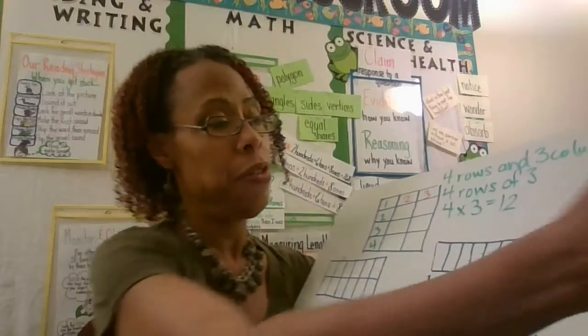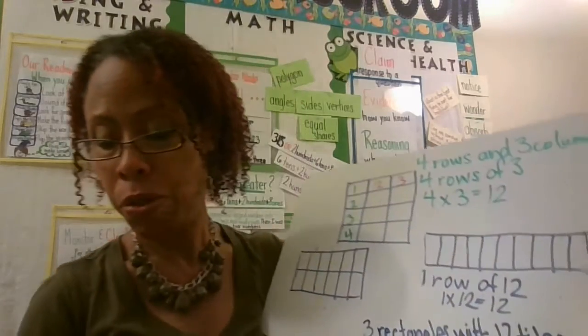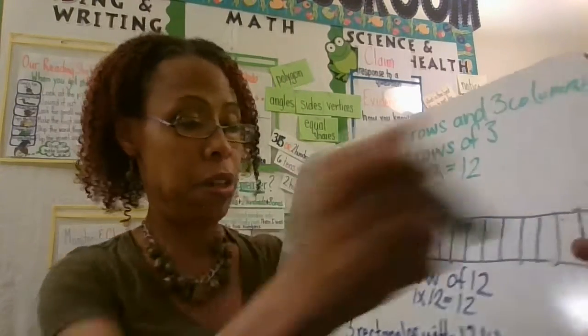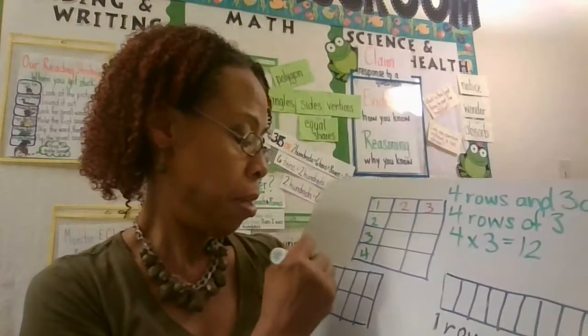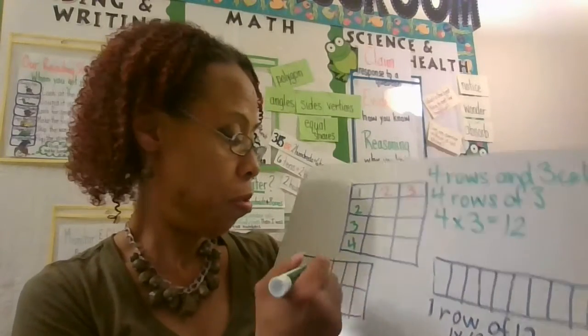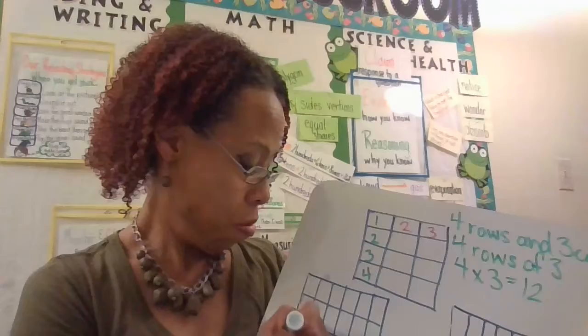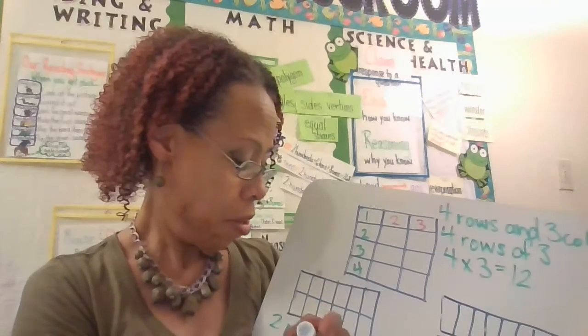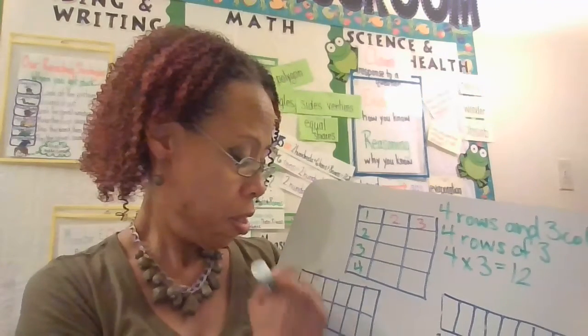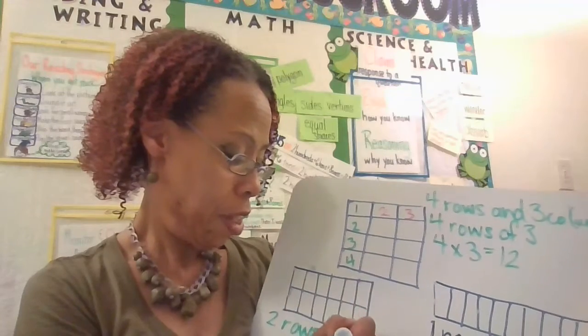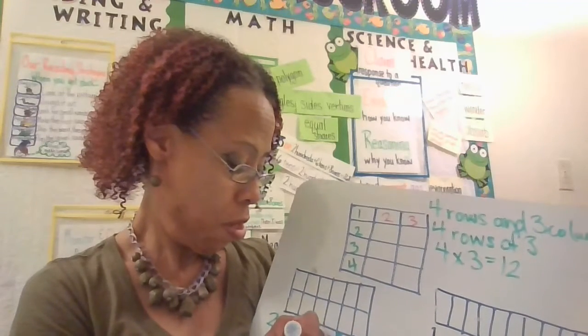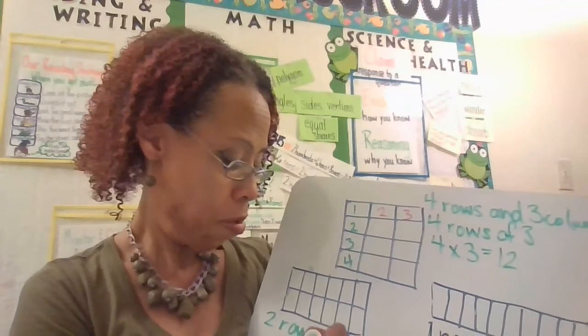And that one made it even more evenly distributed. All right, so in this case, how many rows do we have? 1, 2 rows. And how many are in each row? 1, 2, 3, 4, 5, 6. 2 rows of 6, or 2 times 6 equals 12.